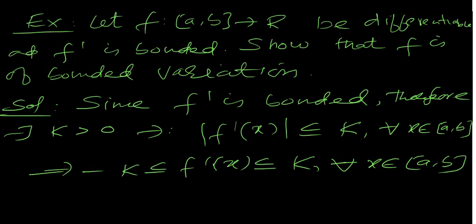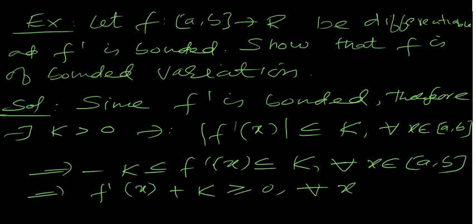So this implies f dash x plus k is greater or equal to 0 for all x, or you can choose k so large that this is strictly positive. You can do this. This is not too difficult.